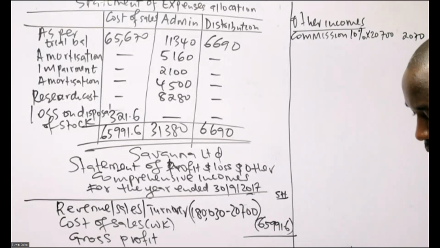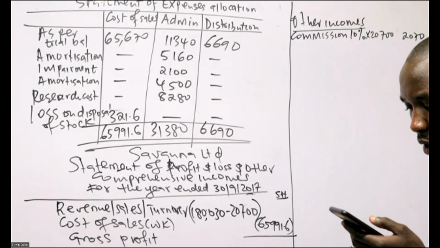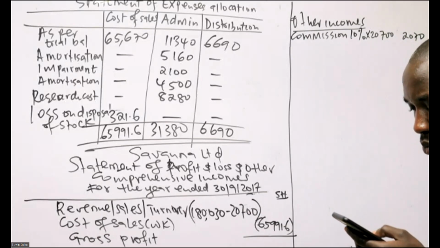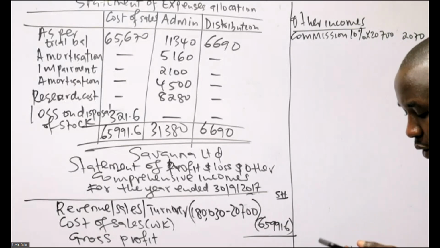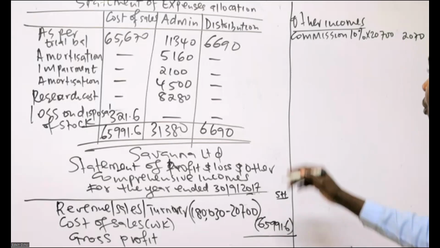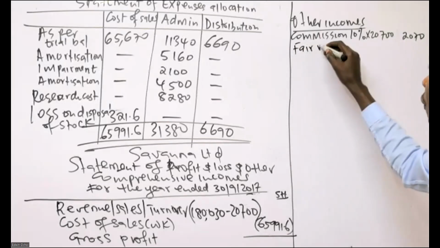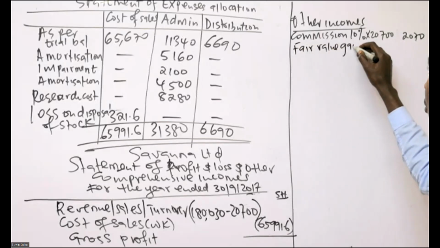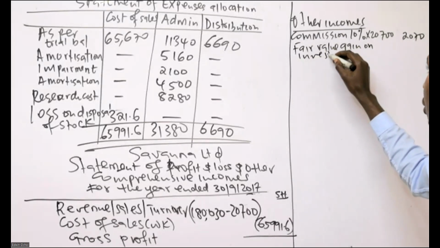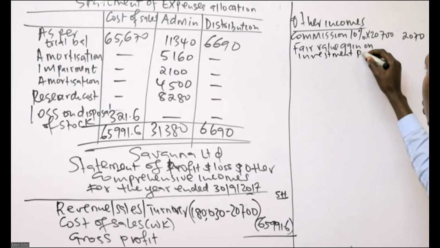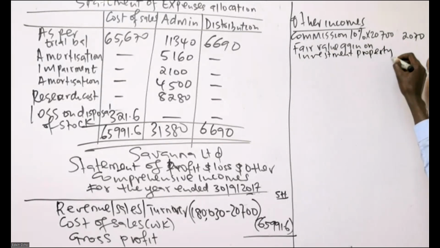Another income: investment property, the fair value gain on investment property. That was working number one. So it was 450.